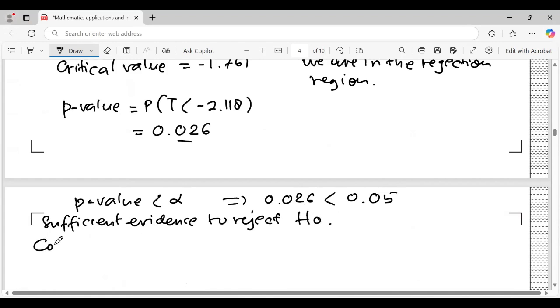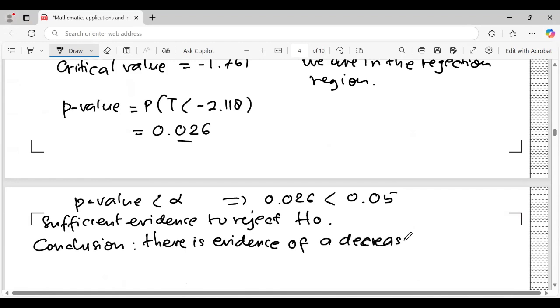So the conclusion: there is evidence of a decrease in the population mean.